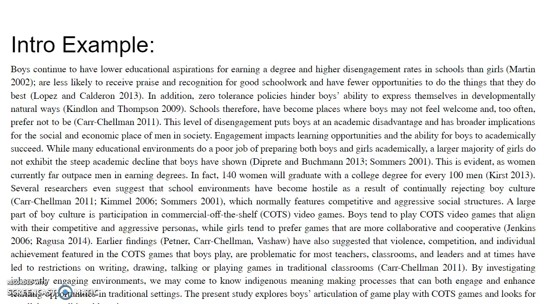Off the bat, I know that whatever is going to happen in this paper is going to be about males and disengagement in schools. The next several sentences go on to explain why boys have been failing in schools.